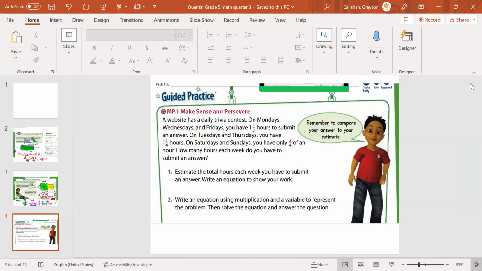Okay, it says a website has a daily trivia contest. On Mondays, Wednesdays, and Fridays, you have 1.5 hours to submit an answer. On Tuesdays and Thursdays, you have 1.25 hours. On Saturday and Sunday, you have 3/4 of an hour.